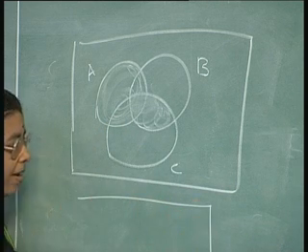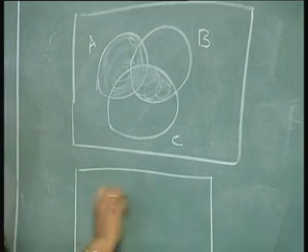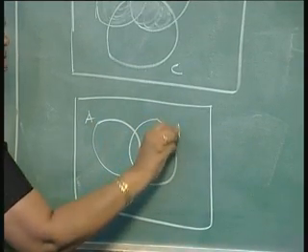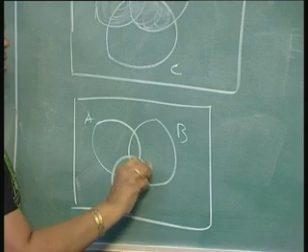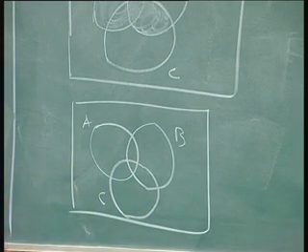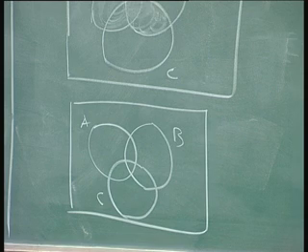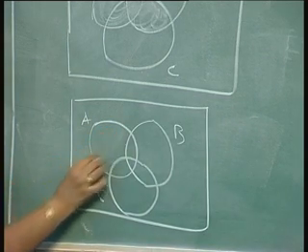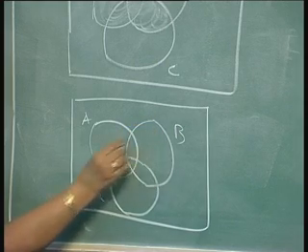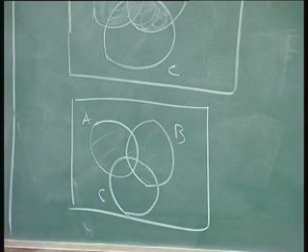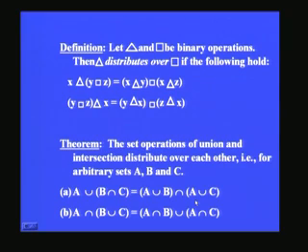Now, again let me draw the same thing, A, B and C. What is the right hand side? The right hand side is A union B. A union B is this whole thing, and A union C is this and this together.